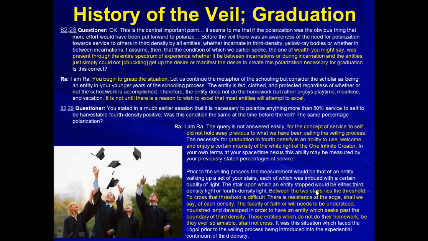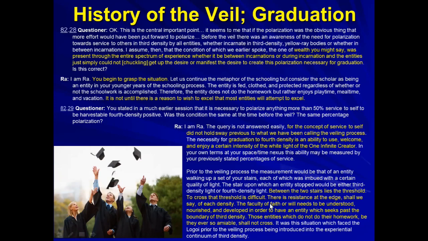Between the two stairs lies the threshold. To cross the threshold is difficult. There is a resistance at the edge, shall we say, of each density. So it's a very interesting insight into how the creation is set up for how you graduate, right? There's a resistance at the edge of each density.